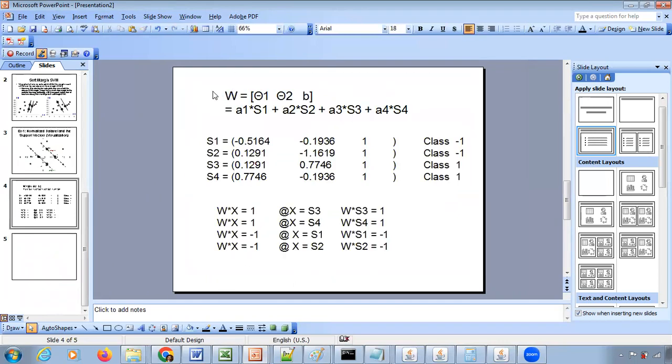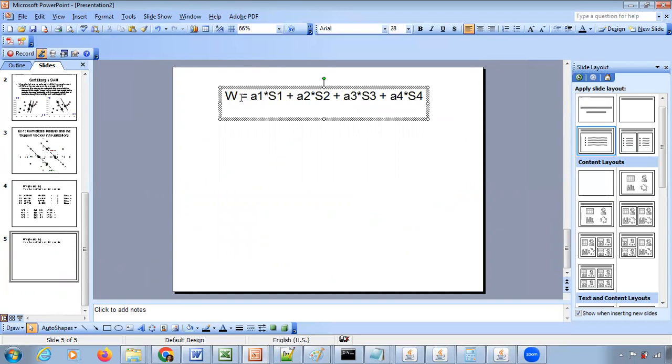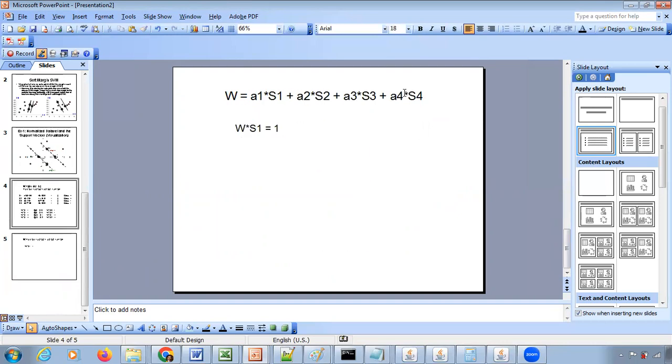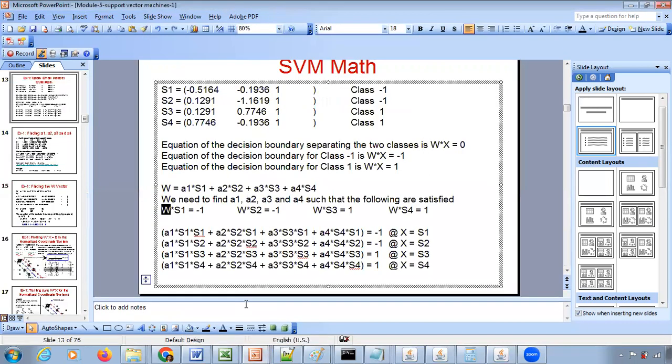So we have this as W. Just use this now. So we have W times S1 equals -1. Yeah.